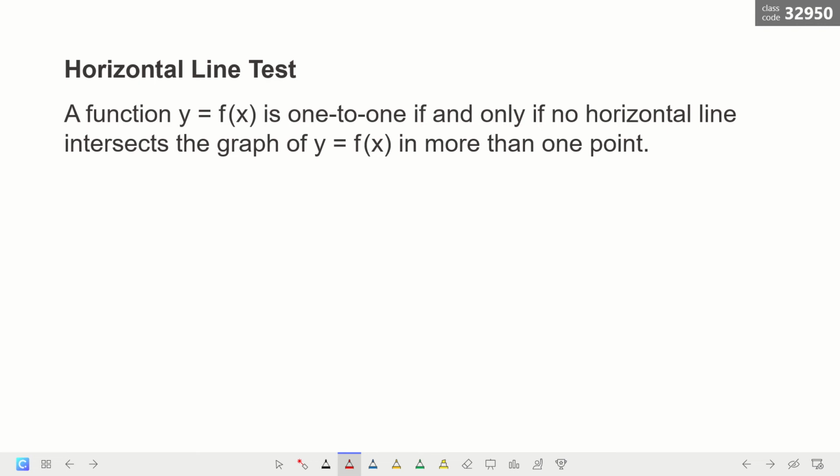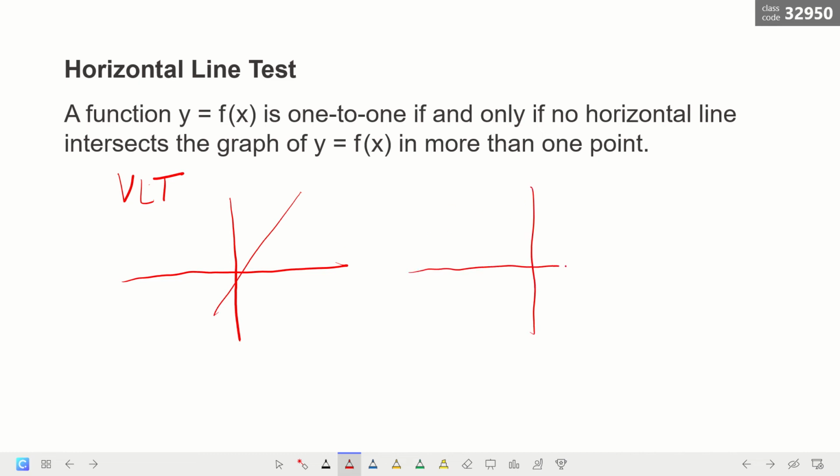Let us first recall our vertical line test. We said that the VLT can help us determine whether an equation or a graph is a function. So for example, I have here two graphs: graph number 1 and graph number 2.